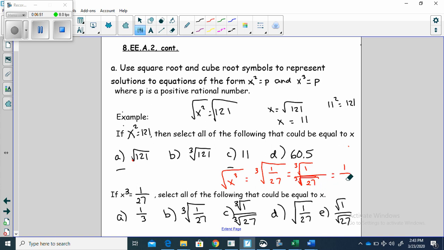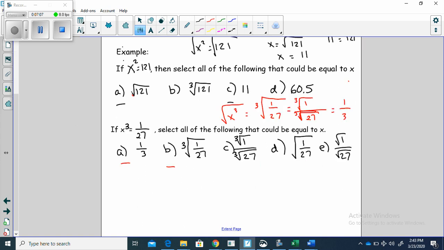The cube root of 27 is 3, because 3 times 3 times 3 is 27. So let's look down here. Oh, here's 1/3. That's an answer. The cube root of 1/27, that was in our lineup right there. How about the cube root of 1 over the cube root of 27? It was right there. And notice, these two answers don't work because you're talking about the square roots, not the cube roots.